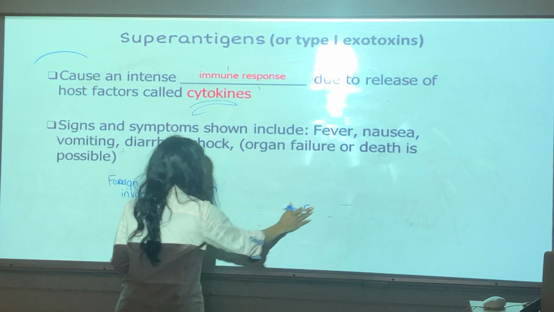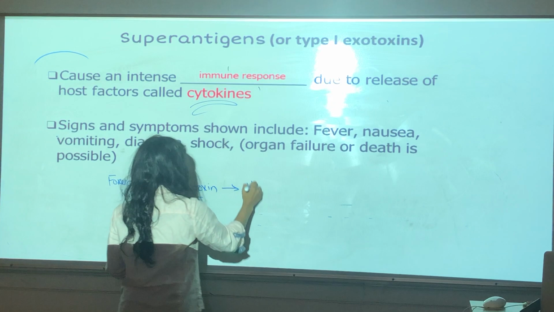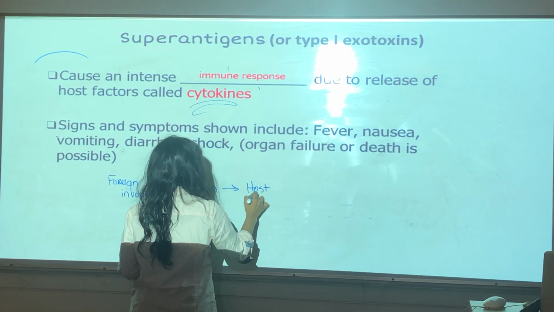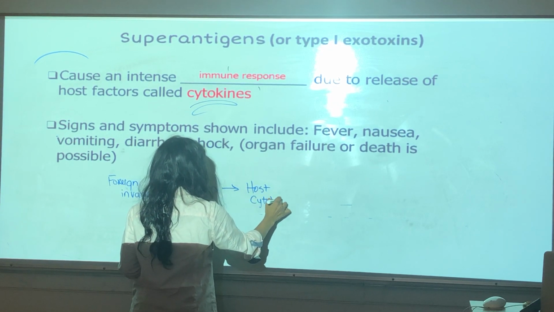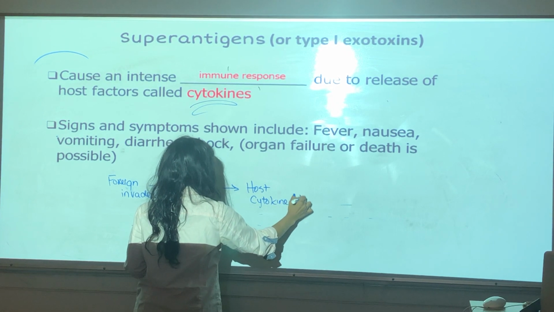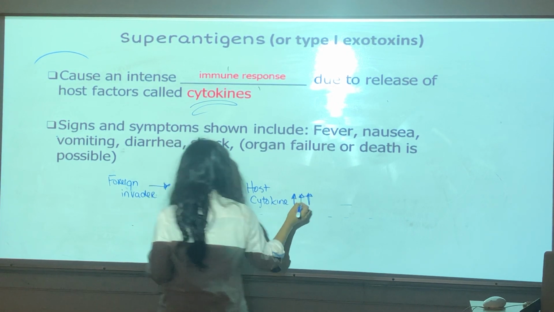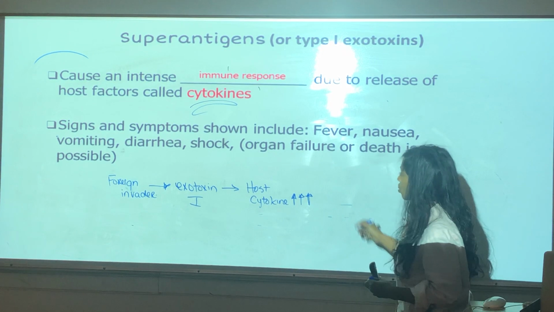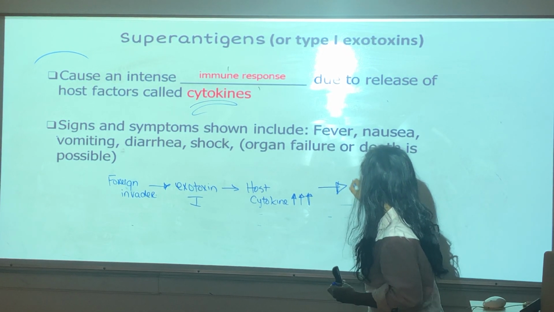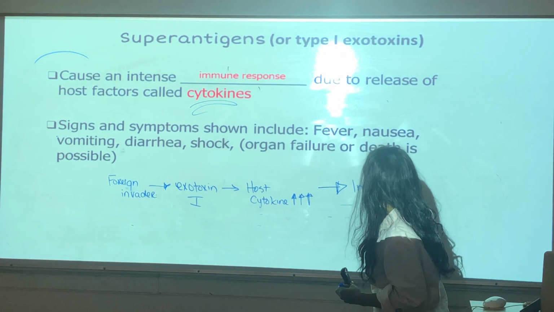This exotoxin 1 will then cause the host to release cytokines, so the cytokine level will go up and up and up. As the cytokine level goes up, we see an immune response.